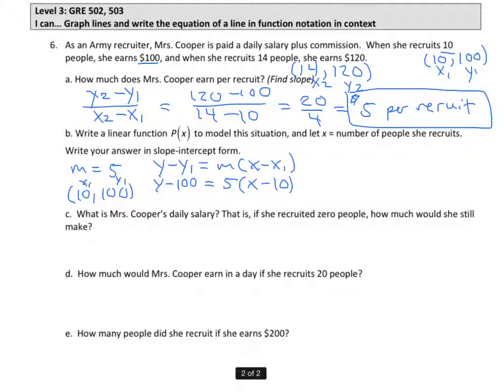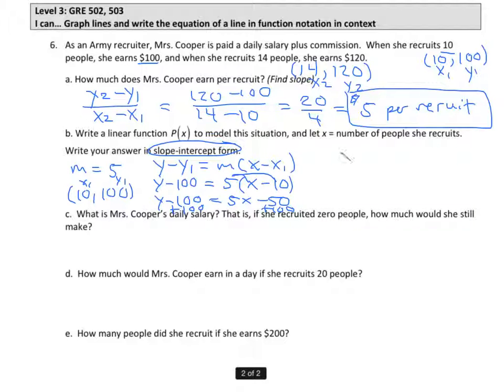Now we want our answer to be in slope-intercept form, so just like we did in level 2, we change this to slope-intercept form. First I distribute, and we get y minus 100 equals 5x minus 50. And then I would add 100 to both sides to get y by itself.